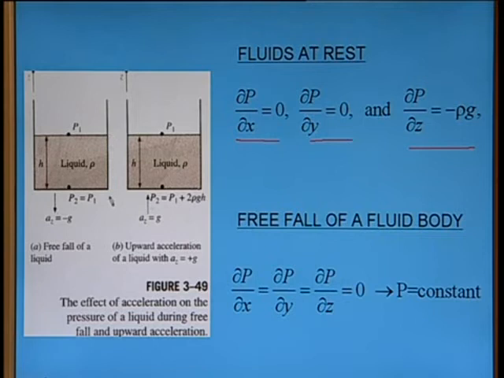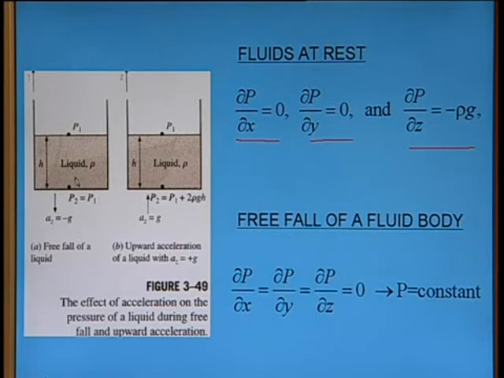Now if we have a fluid body, let us say we have a container here on the left hand side, filled with liquid, and this liquid container is falling freely. If it is falling freely, what is the acceleration in z direction? Acceleration in z direction is equal to minus g.